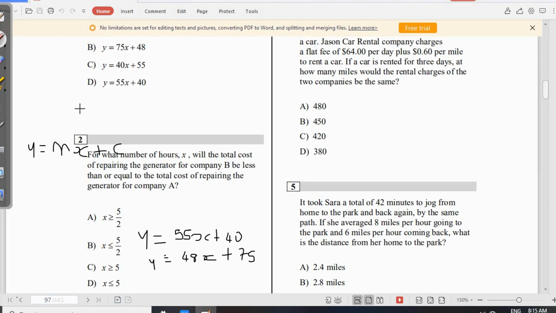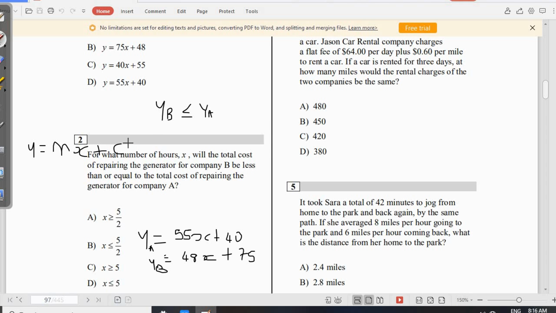If this is the total cost y for company A and this is for company B, they're asking what number of hours x will the total cost for company B be less than or equal to the total cost for company A. So YB is less than or equal to YA.